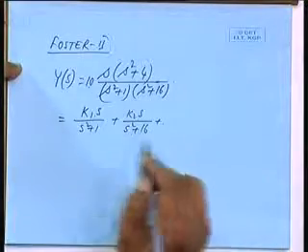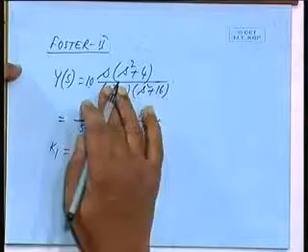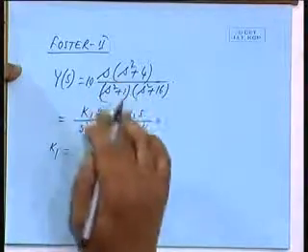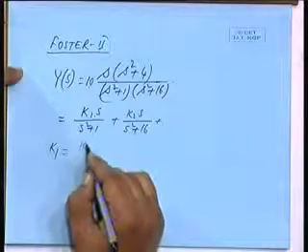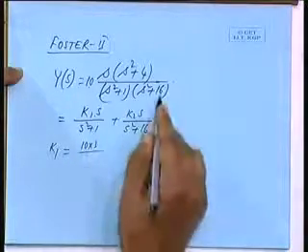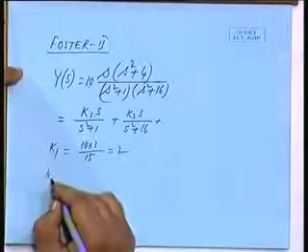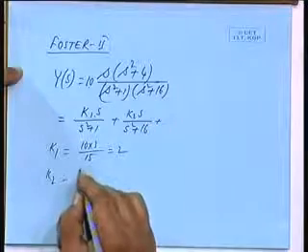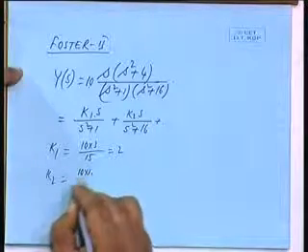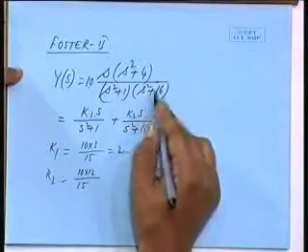So how much is K1? Multiply by S square plus 1 divided by S, make S square plus 1 equal to 0. So 10 into 3 by 15, that is equal to 2. K2: 10 into 12 by 15, make S square plus 16 equal to 0.